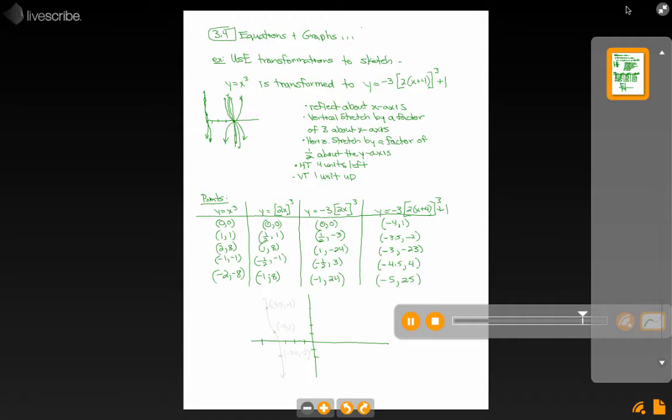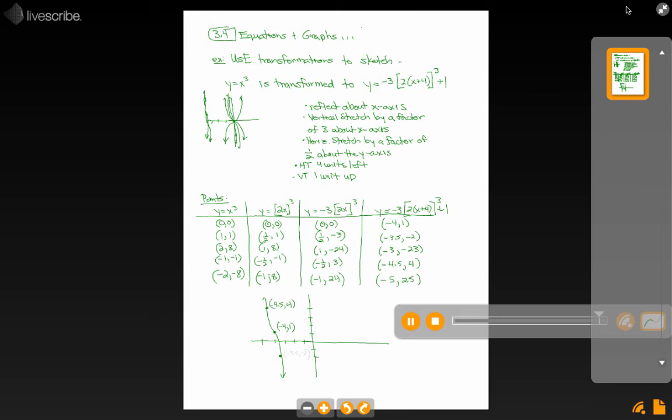If I go to negative 4.5 comma positive 4, I can get a sense of what this graph is doing. I didn't draw a large enough graph, or a graph with a scale that's going to allow me to put the points that are way down at negative 23 and up at positive 25, but I think this is good enough that you can see where this one is going.